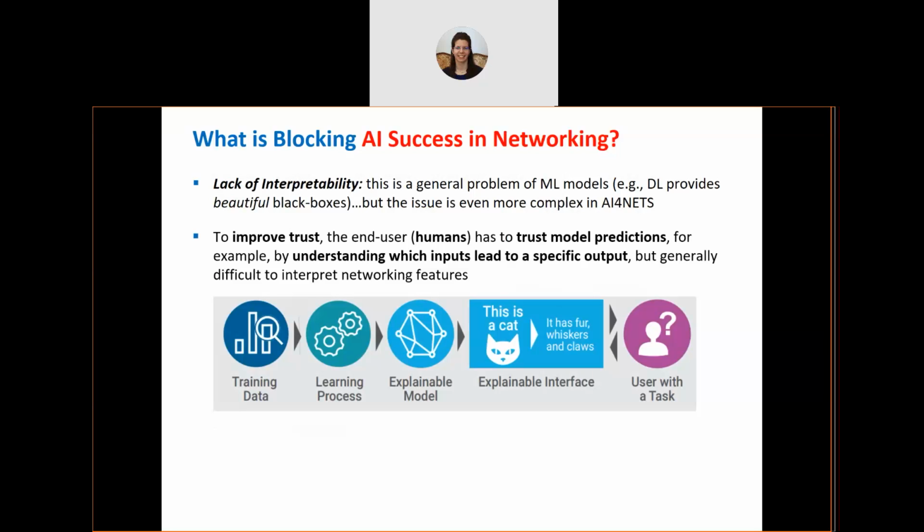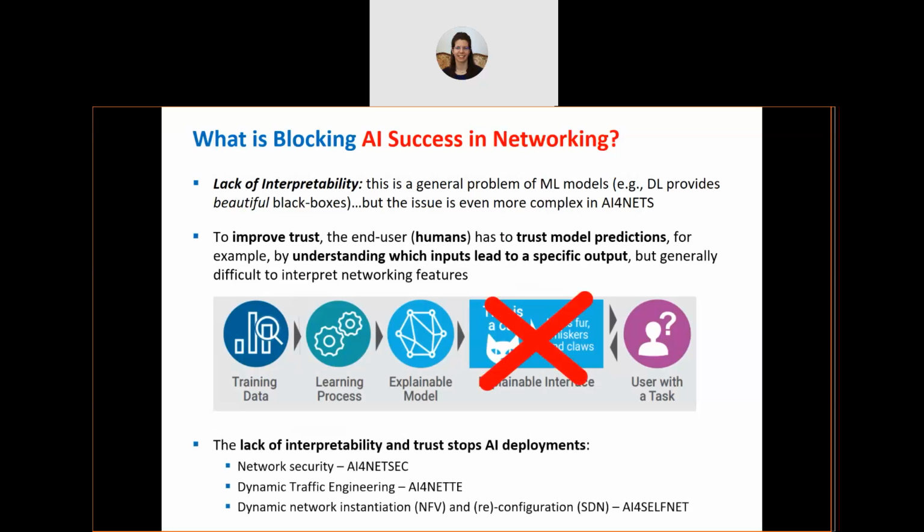But if you try to apply something like explainability to a security system that is trying to detect malware, malware is sometimes detected because there is some kind of byte obfuscation in some part of the bytecode, or some specific behavior, and you would get something like: this flow corresponds to malware because this byte is set to 0 and this byte is set to 1, and this and that.